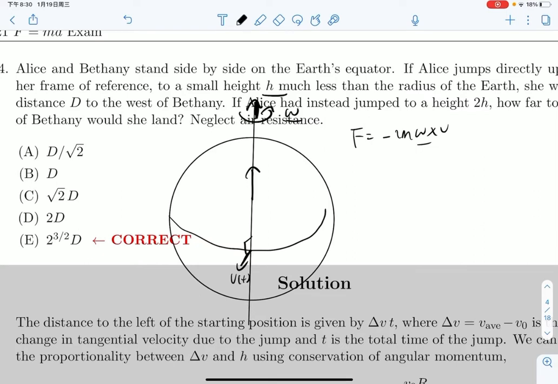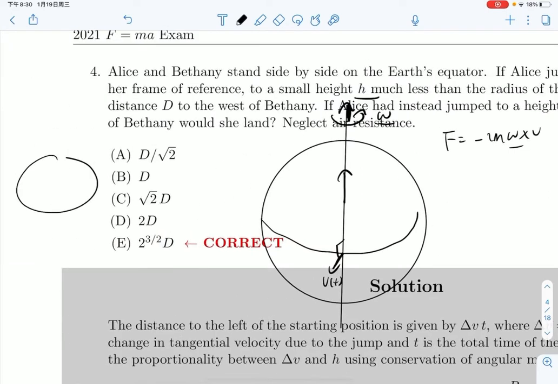So basically, if here's a disk and it is rotating around a pole, the direction of omega is determined using the right-hand rule. If you bend your fingers in the direction that it is rotating, your thumb direction is basically omega.